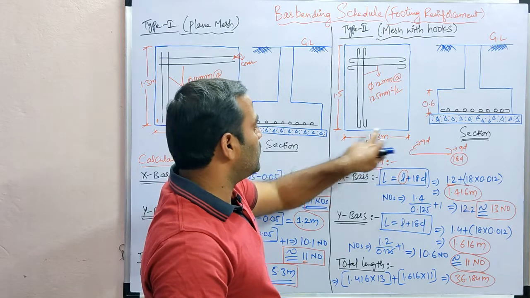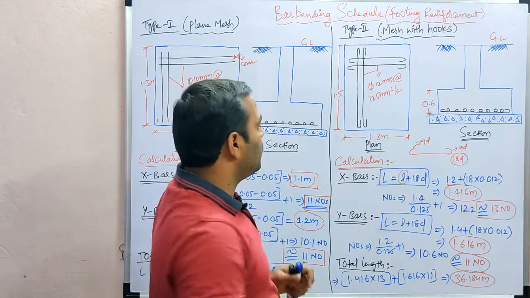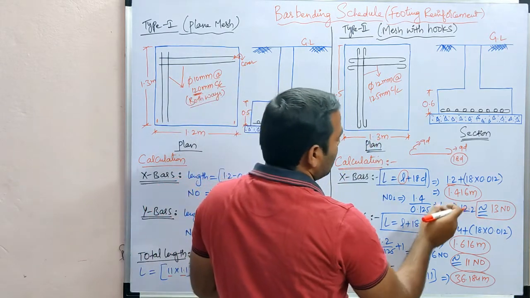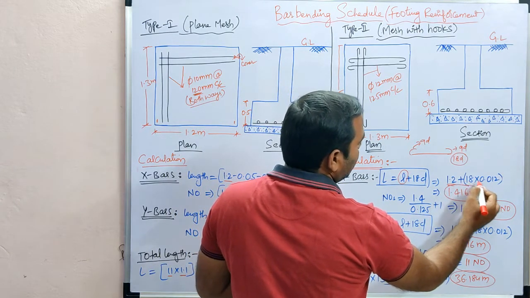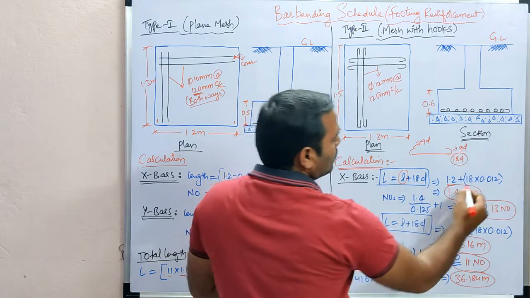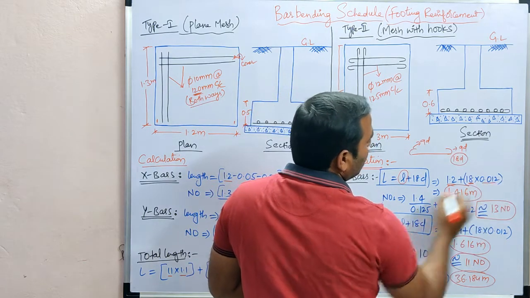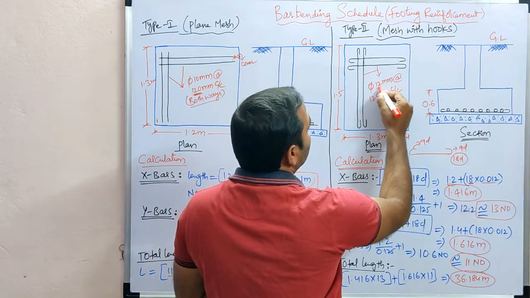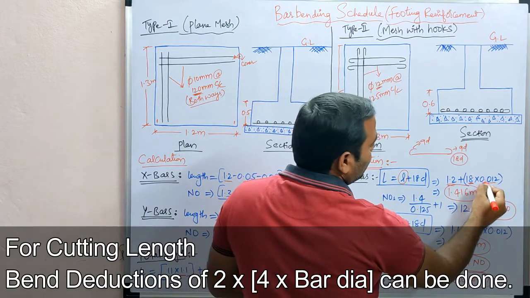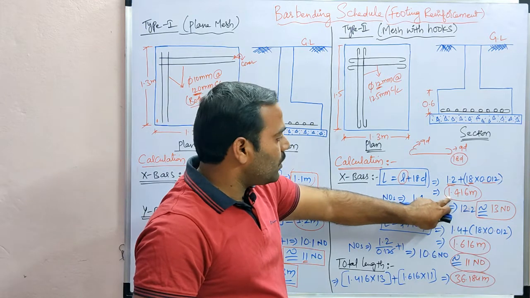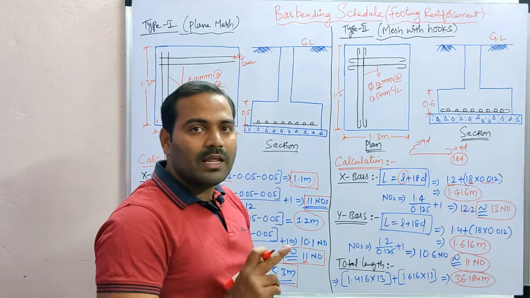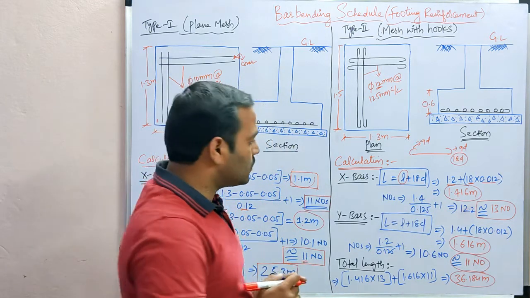So 50 mm plus 50 mm is 100 mm. So 1.3 minus 0.1 is 1.2 meters plus 18 times the diameter of bar. This is 18 and this is the diameter of bar. What is the diameter of bar given here? 12 mm, that is 0.012 meters. So I will get 1.416 meters as the length of each bar including 2 hooks.